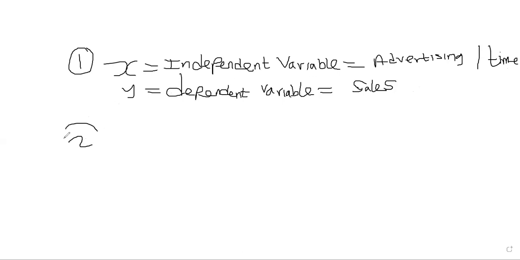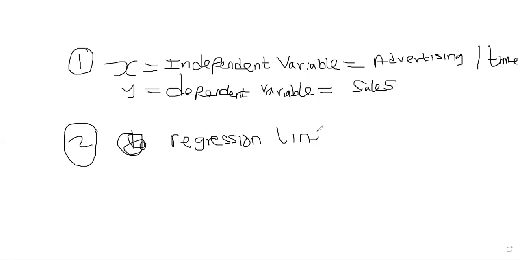Now, the second aspect that we should look at is the correlation. In fact, before this, we have what we call the regression line that we should consider after we identify X and Y. Now this line is given by Y is equal to alpha plus BX.